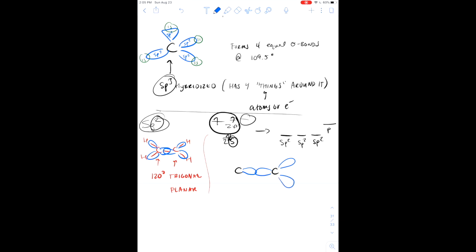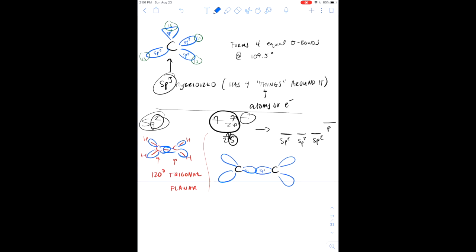Each of these carbons is sp2 hybridized, so I've drawn 3 lobes around them representing the 3 sp2 hybridized orbitals. And they each overlap with either another sp2 orbital for the carbons, that's what makes that sigma bond, or just like in the above structure, we have them overlapping with a 1s orbital for each of those hydrogens.